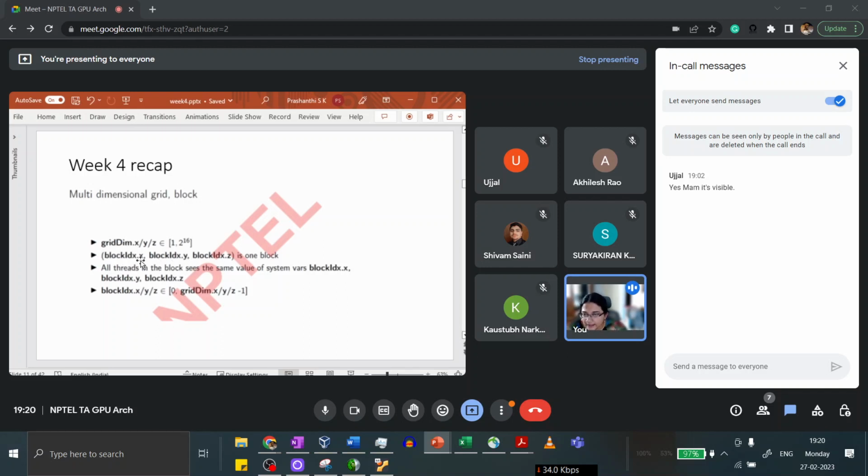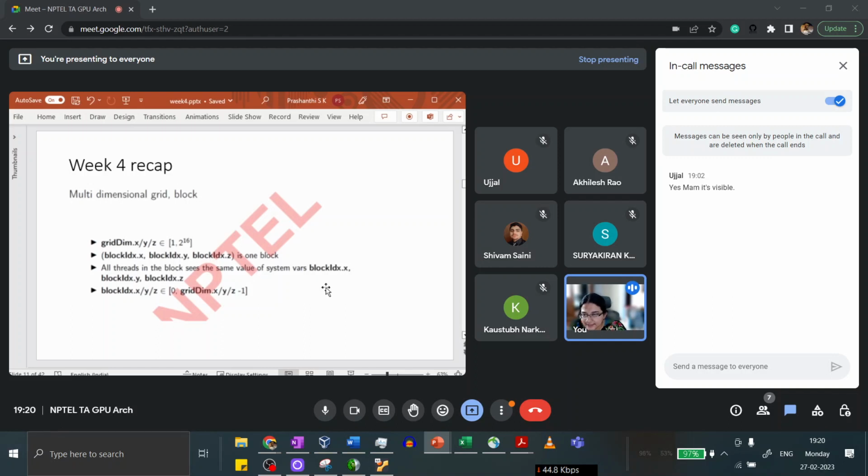And every block will have a block ID, and again that block ID is given by all three x, y and z, right? And any thread in a particular block will see the same block ID variables, because again it's in the same block, right? So every block is determined by this tuple of 3 values.